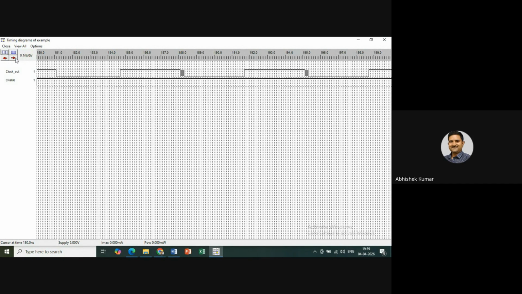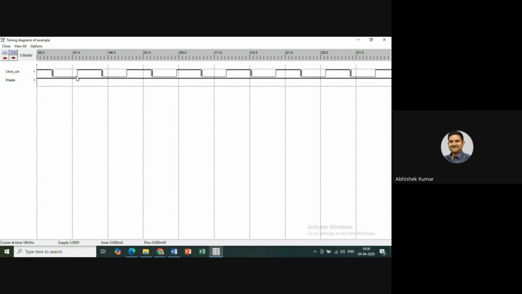So here, what I have given is that this is my complete one time period. Shall I zoom in? Yes. If I get a complete one time period from this time to this time, so now here try to measure what the value is of my complete waveform.